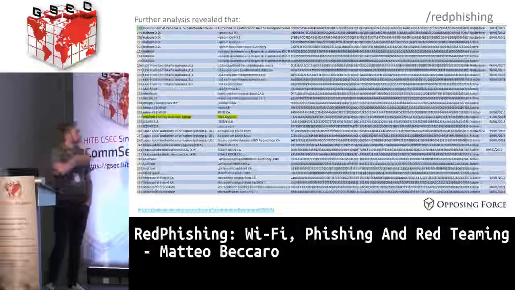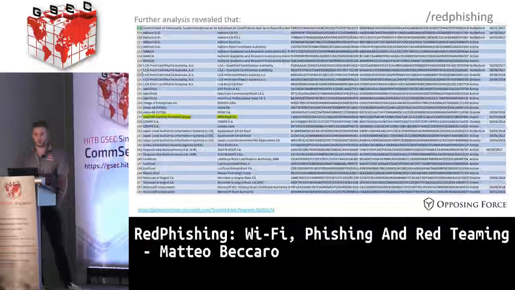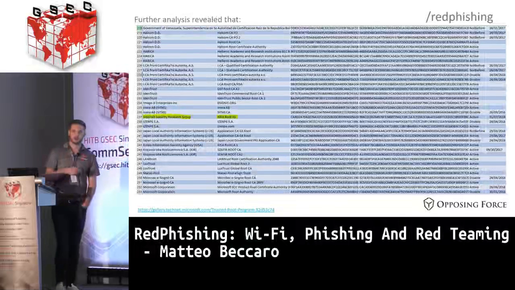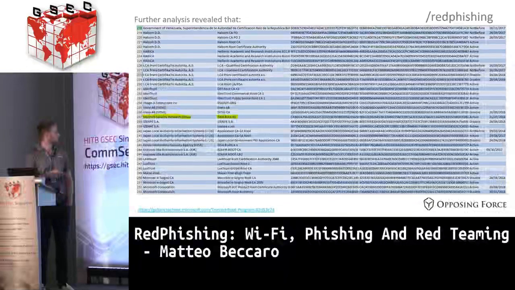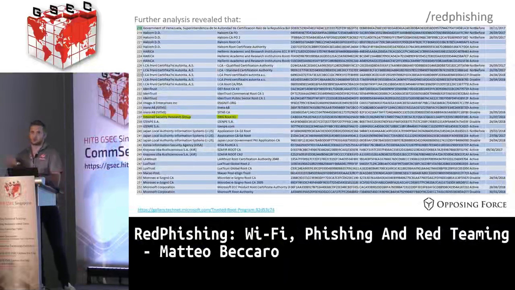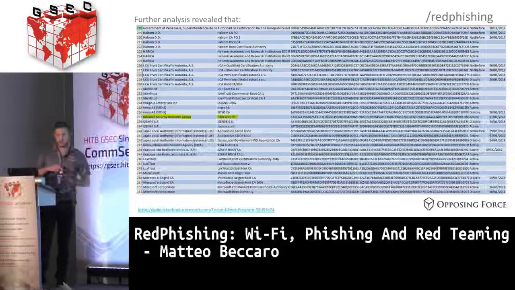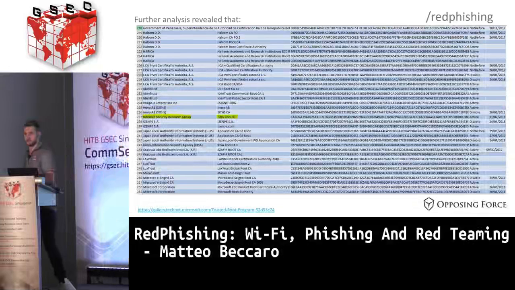So this is a portion of the root certificates in Microsoft Windows at the moment. This was updated, I think, yesterday or something like that. Do you know how many of you recognize this name here? No one? This is Let's Encrypt, CR.